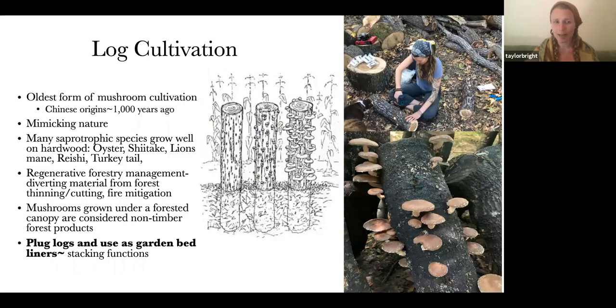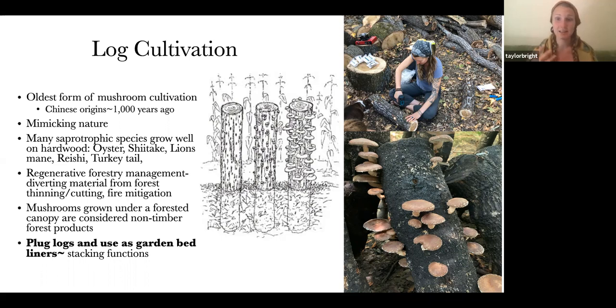Okay, I guess another quick thing I'll say about incorporating fungi in the garden is one of my favorite ways to cultivate and grow fungi is through log cultivation. And this is a very ancient form, one of the oldest forms of cultivating fungi. And it's so natural and regenerative because you're just taking logs and inoculating them with fungi.